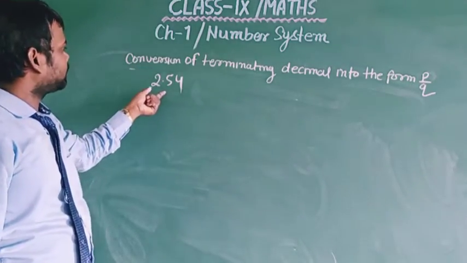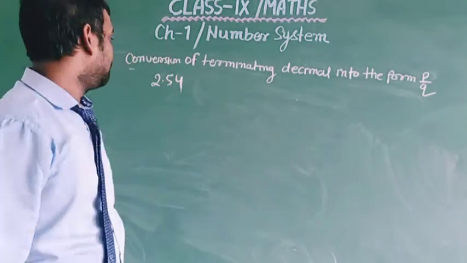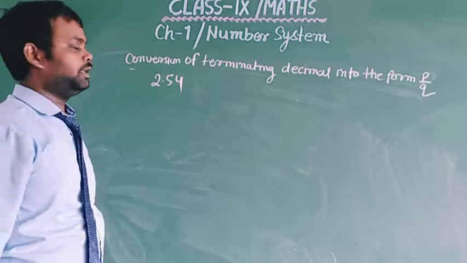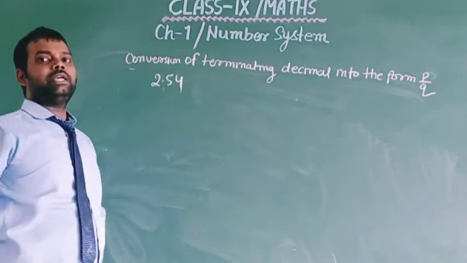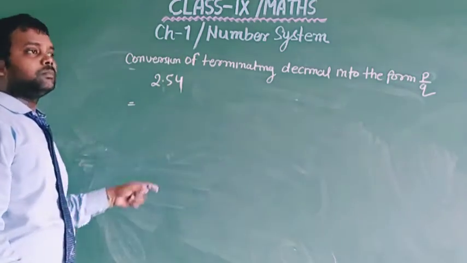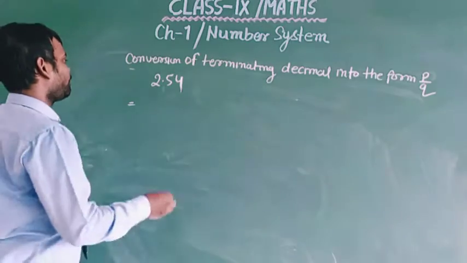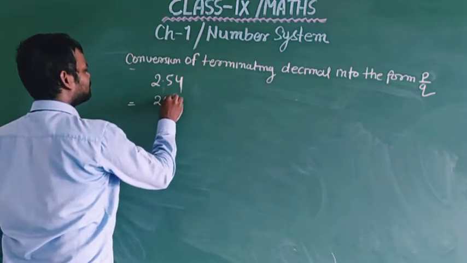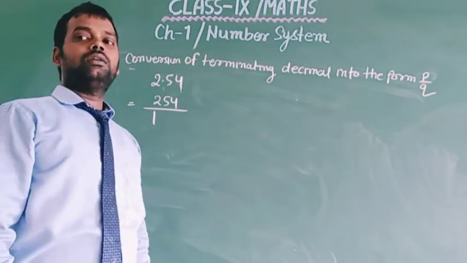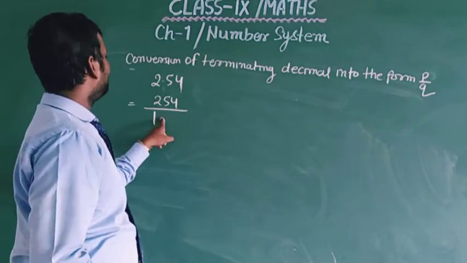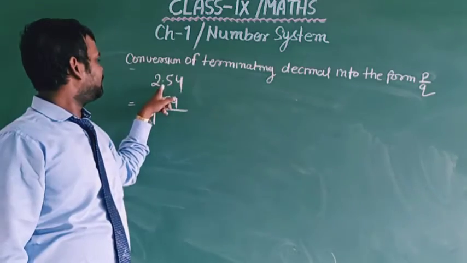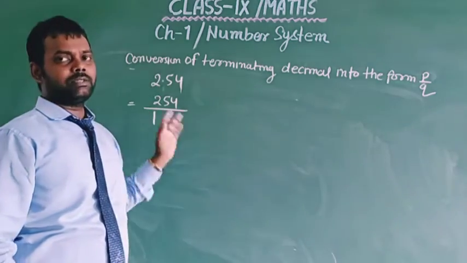To convert a terminating decimal into p by q, first remove the decimal from the numerator. From the decimal point, first write 1 in the denominator and also put 0s. The number of 0s equals the number of digits that come after the decimal.